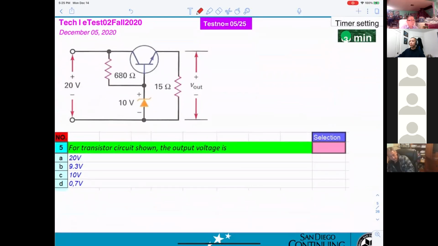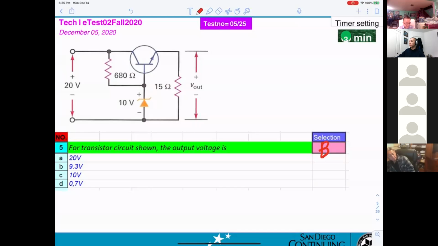Okay, on this circuitry here, they want to know the output voltage. What is the output voltage? Number 5. B. Yeah, you're doing good. Can you explain how B?